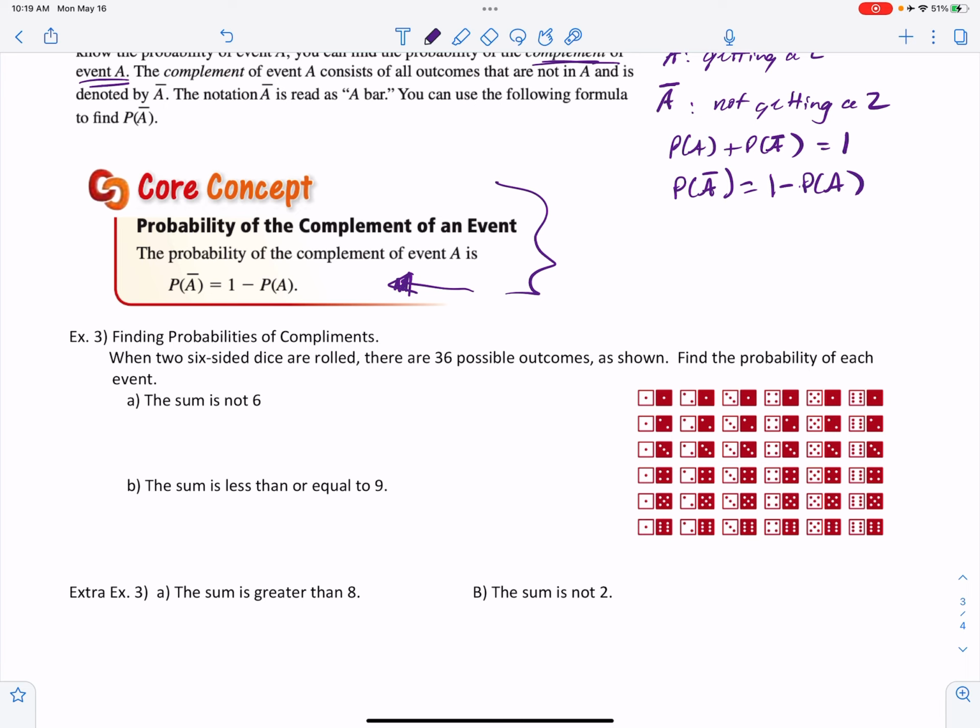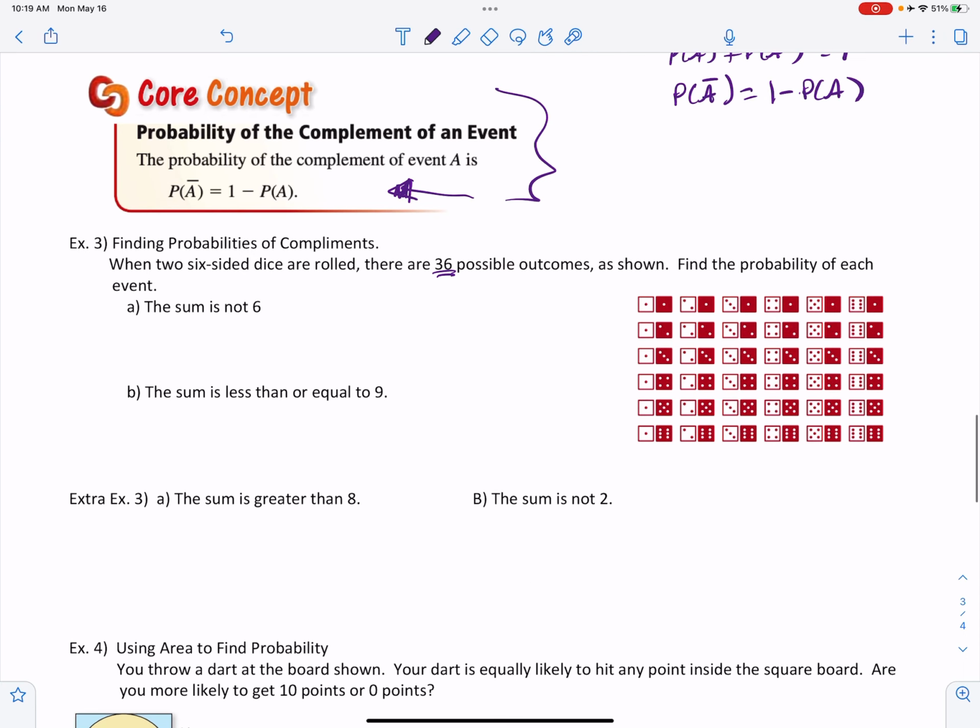And so, writing probabilities of complements. When two six-sided dice are rolled, there are 36 possible outcomes. Find the probability of each event. So here, they're showing you that on one of the dice, you're getting a 1, and then on the other, the red die, you're getting a 1, 2, 3, 4, 5, or 6.